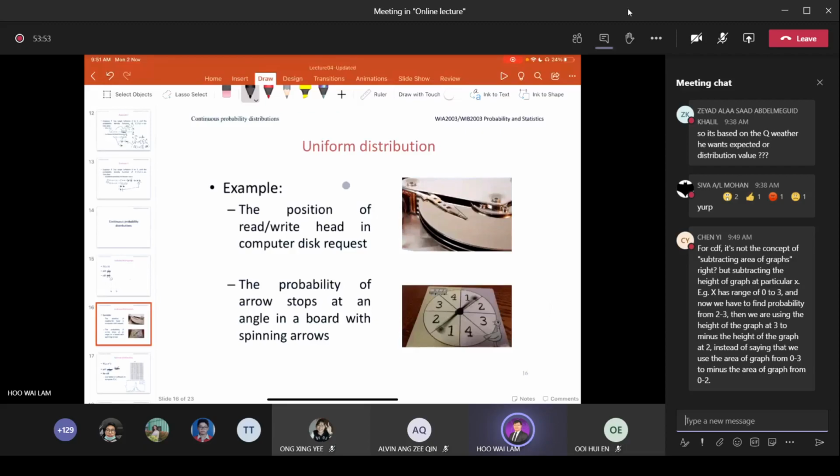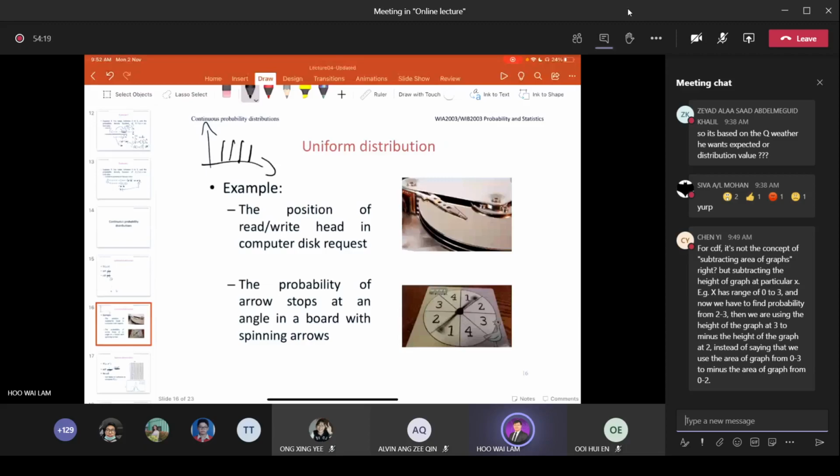Usually uniform distribution is for those having almost fair outcomes. You don't really have a bias on any particular potential outcome. For example, dice roll is also considered uniform distribution. If you still recall, dice roll is discrete.